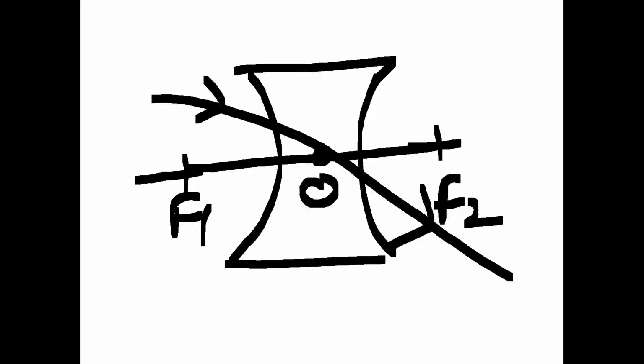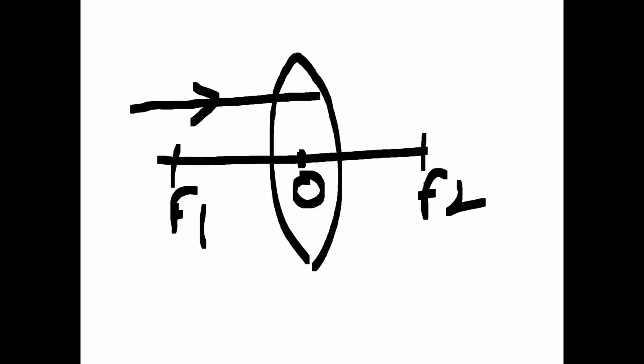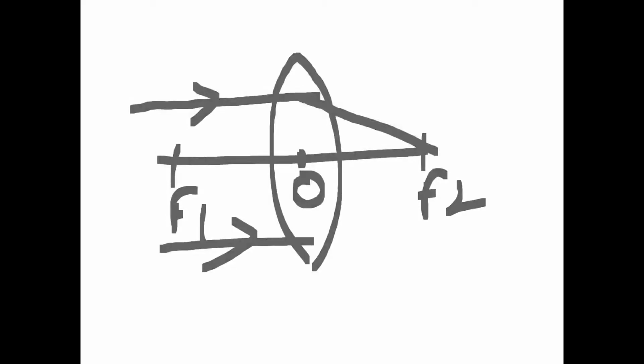Now let's start with the ray diagrams. Firstly, if the object is placed at infinity, in case of convex lens I am discussing firstly. This is optical center, this is focus 1, this is focus 2. If the ray is passing parallel to the principal axis, then it will just pass through the focus and will meet here.